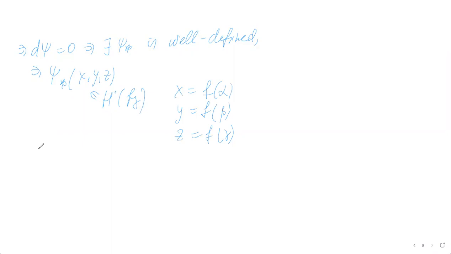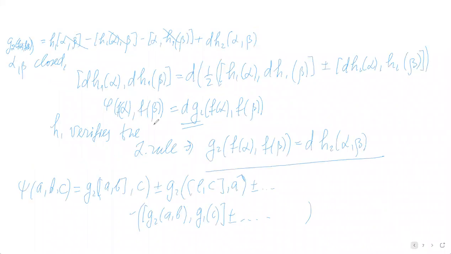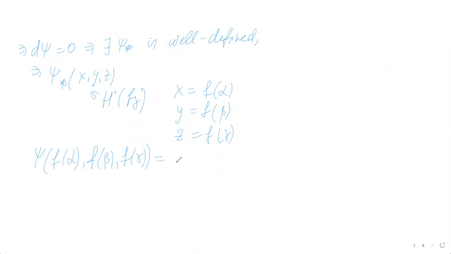So we again have to look at psi of f of alpha, f of beta, f of gamma, and if you substitute this formula, which we have just observed here, into the definition of everything, we shall see that what we have on the right will look like a closed element, D of something, right?